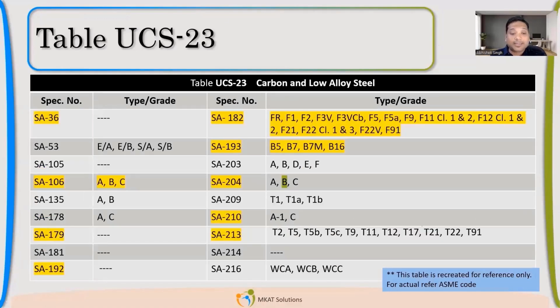Like SA 53, that is also a pipe material like 106. But we never use that as a nozzle. SA 53 we use for structural items like handrail, or any attachment which is external. But for nozzles, which are a pressure part, we use 106.